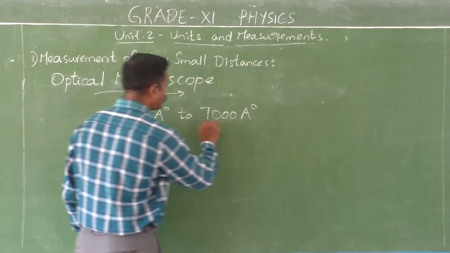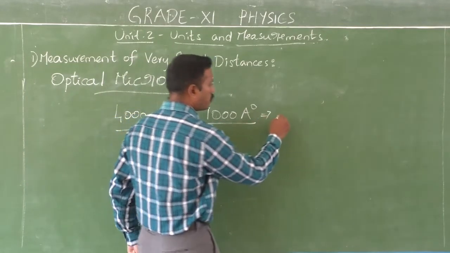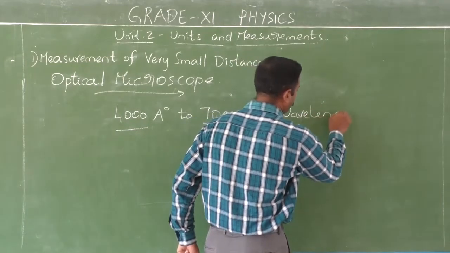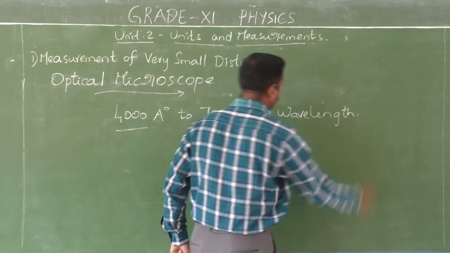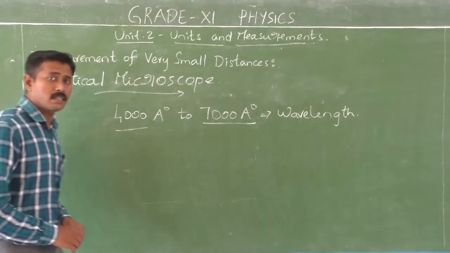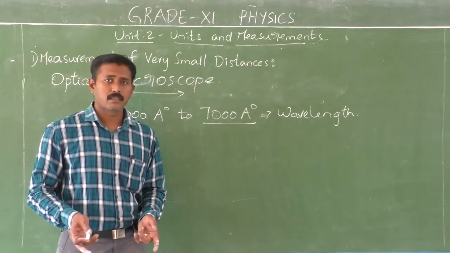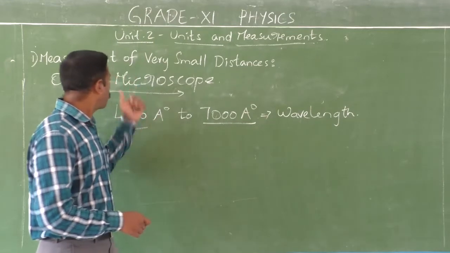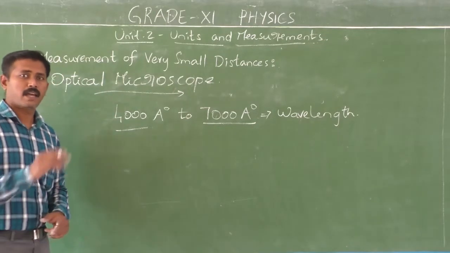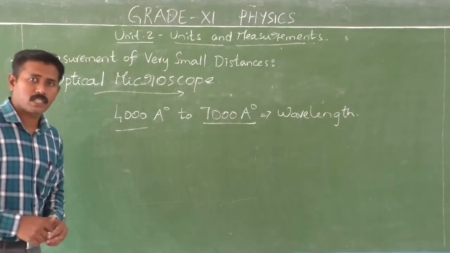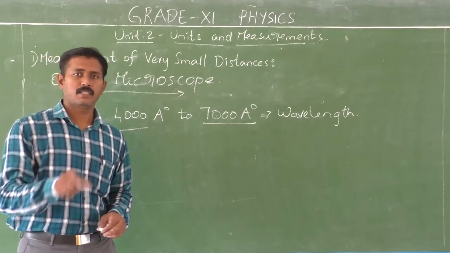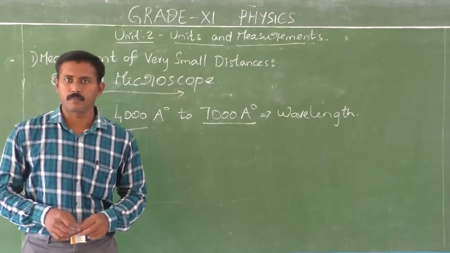So this is the wavelength of the optical microscope. Using the visible light, the optical microscope can resolve the objects, and the images of the objects are formed, and we can visualize the images of objects placed in the microscope.